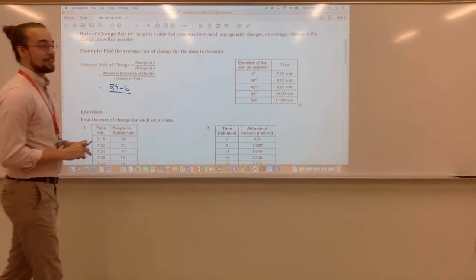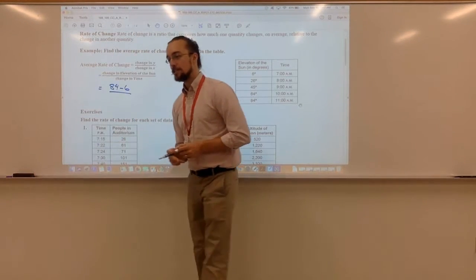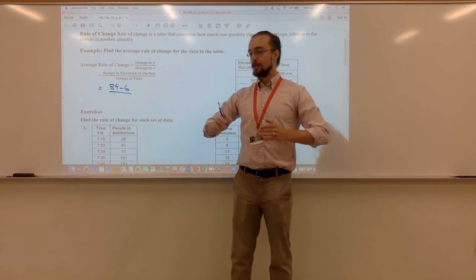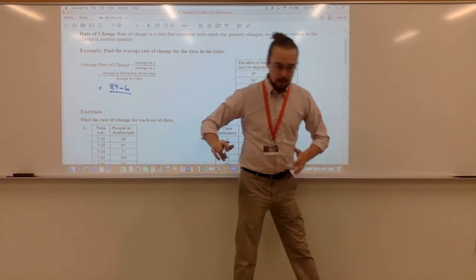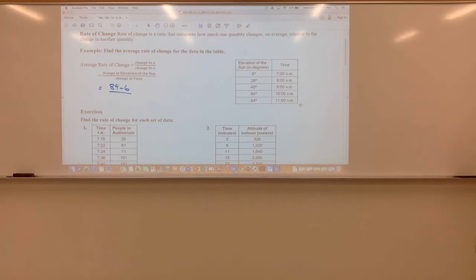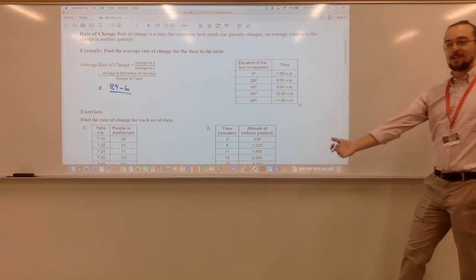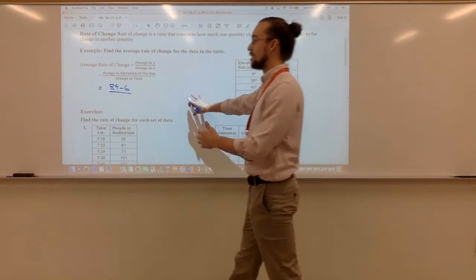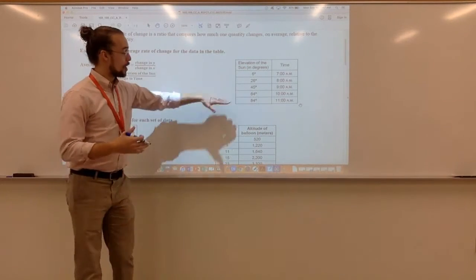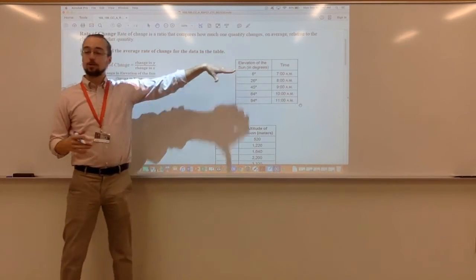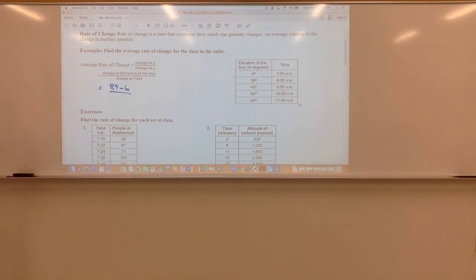If I start at a position of 2 feet and I walk to a position of 11 feet, how far have I gone? 9 feet. My final position minus my initial position. That's the idea here. We're just taking our final position minus our initial position to get how much we've changed.